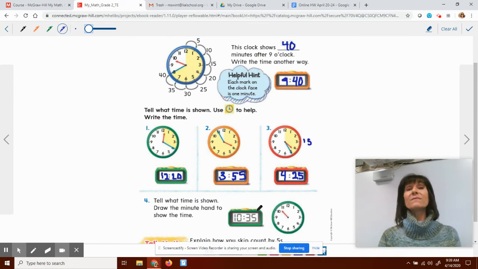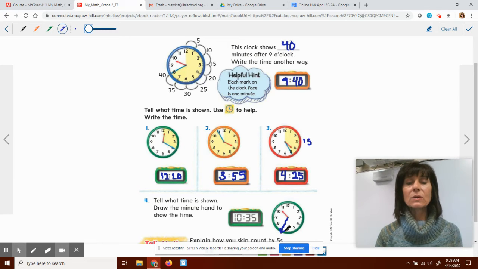It's 35 minutes past 10. I will take my long minute hand, and I know it's 5, 10, 15, 20, 25, 30, 35. So I can draw, and make sure Mrs. Swink can tell that hand's a lot longer, that minute hand is on the 7.